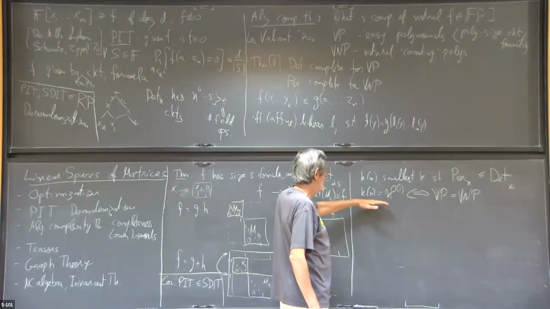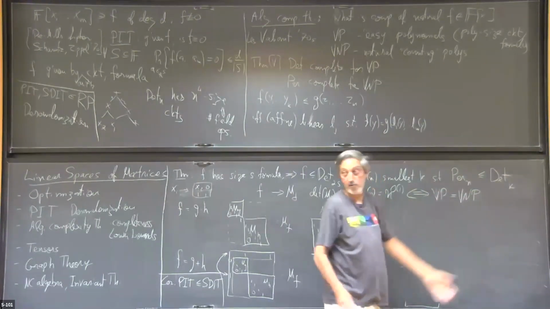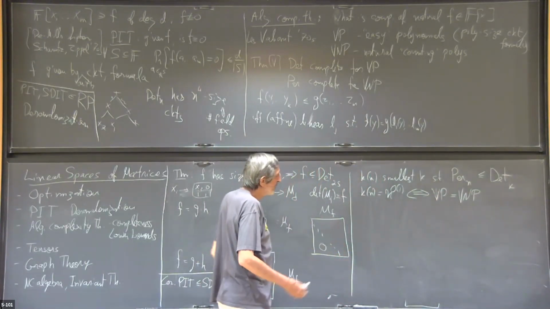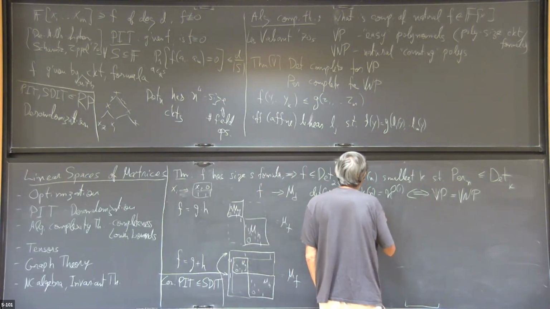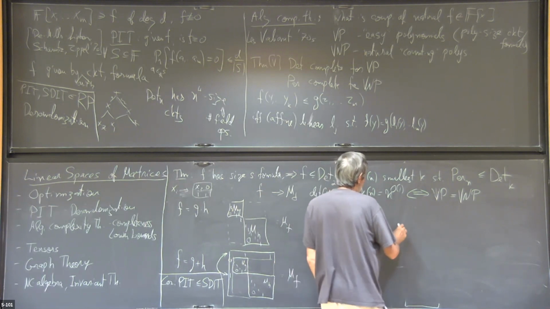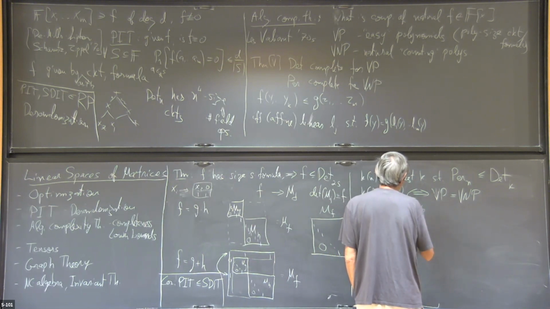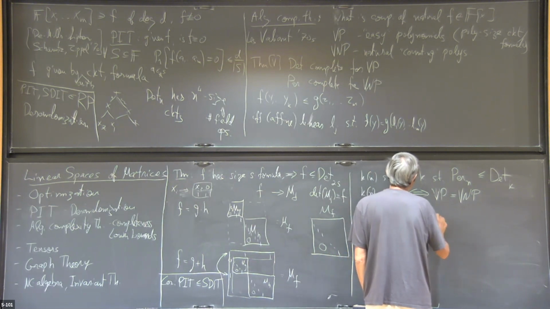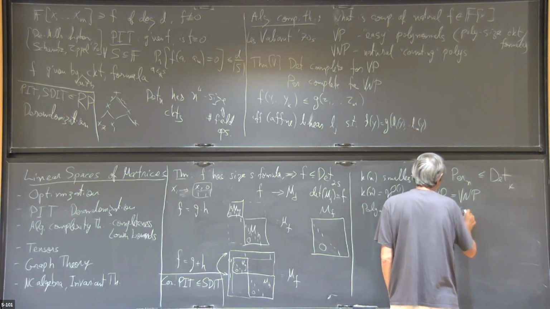And to understand VP versus VNP, it's sufficient to know this K. Now, if you think about it, you can start playing with it. In fact, Polya, many, many years ago, noticed that the permanent of a 2x2 matrix is the determinant of another 2x2 matrix, or even after this, let's say minus.